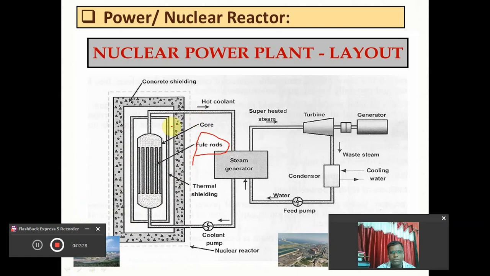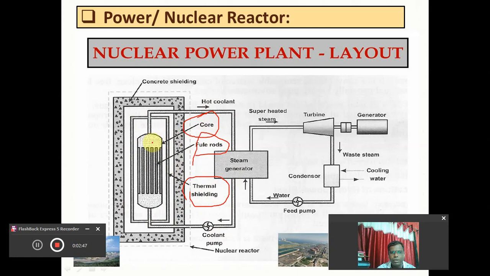This central part in which the nuclear fuel rods are placed is called the core. This core is surrounded by material which prevents the leakage of radiations, called the thermal shielding.